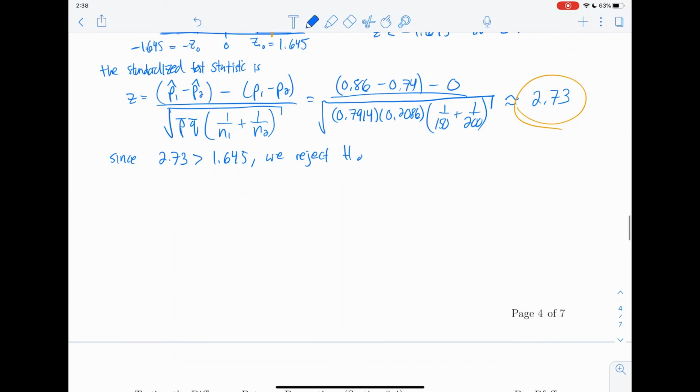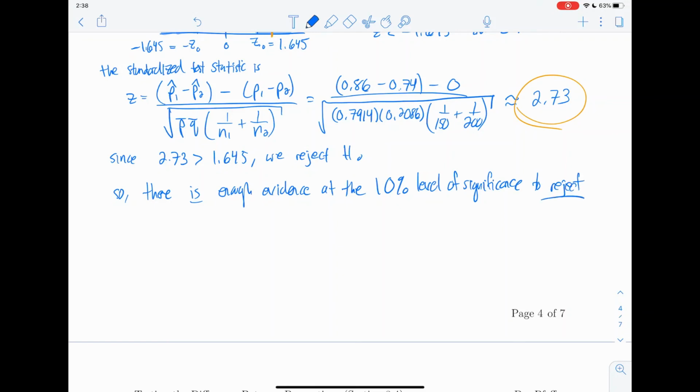So let's write that down. So there is enough evidence at the 10% level of significance to reject the claim.